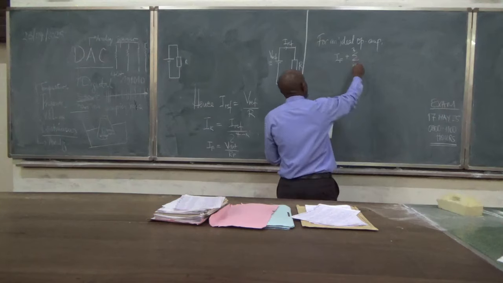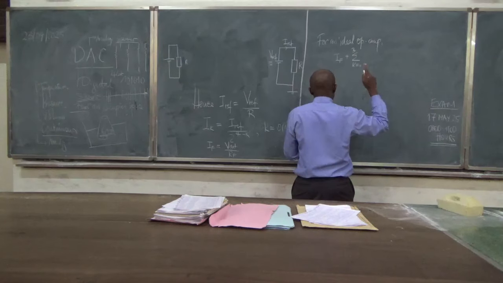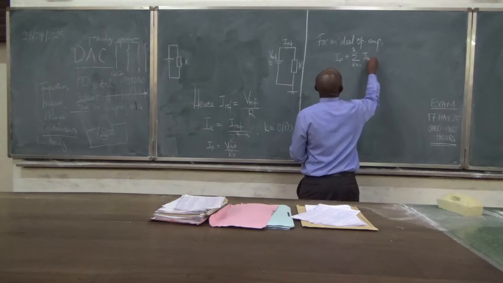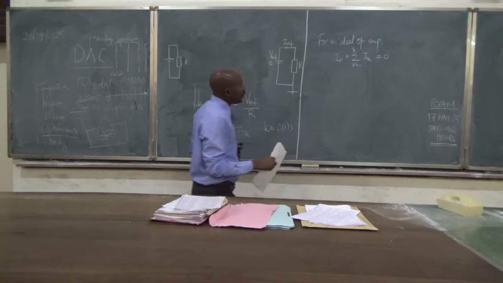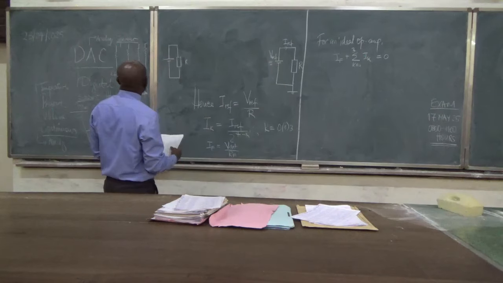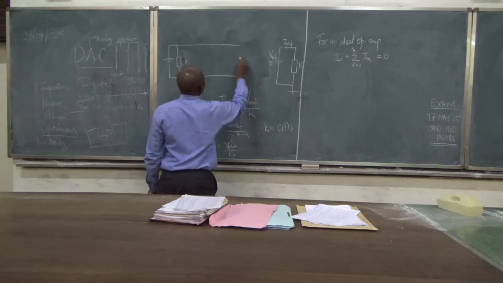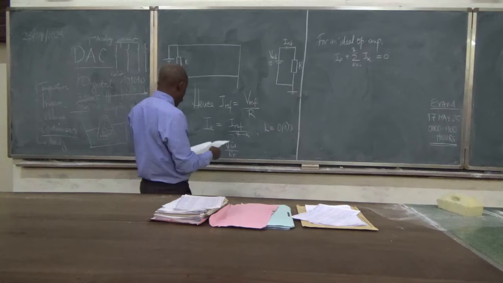Summing all of them, I0, I1, I2, up to I3, this IK will be equal to 0, because there is no current entering the op-amp.